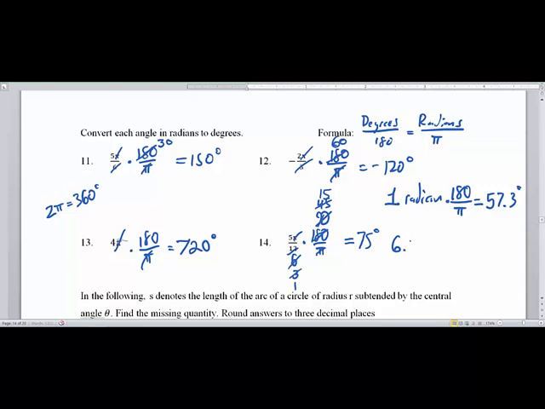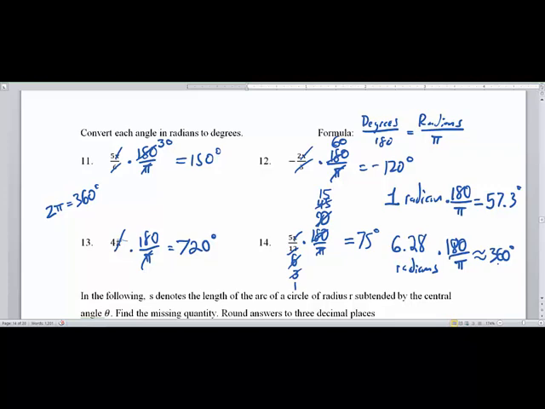If I want you to go 6.28 radians, how many degrees would that be? Well, let's multiply 6.28 by 180 degrees divided by pi, and you get an approximate answer of 360 degrees.